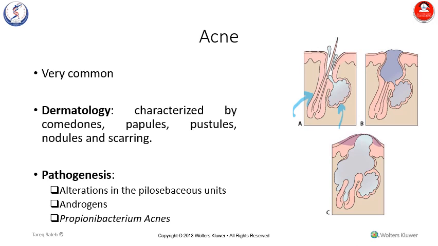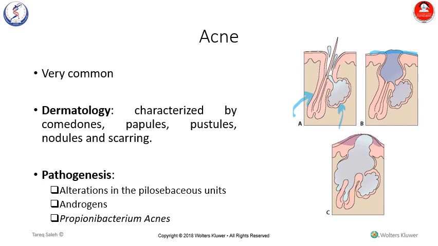What happens in patients who develop acne, and probably this is the most critical step in the pathogenesis of acne, is that their keratinocytes in the outermost layer of the epidermis will start abnormally differentiating and proliferating to occlude the pore of the hair follicle.